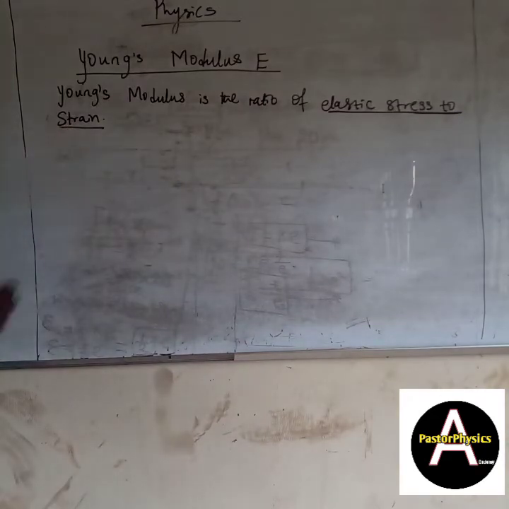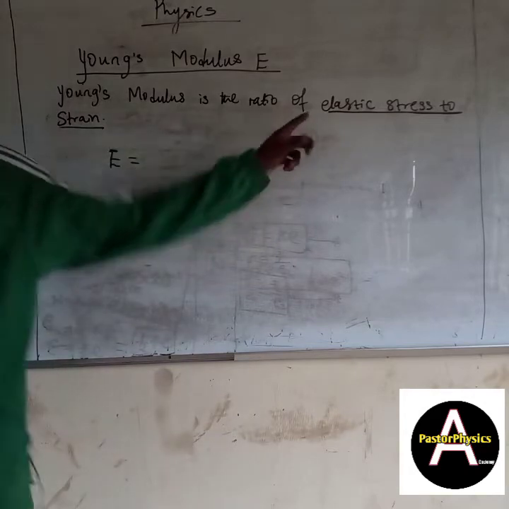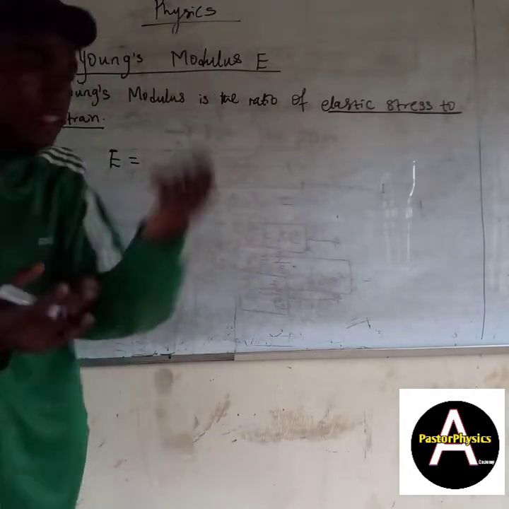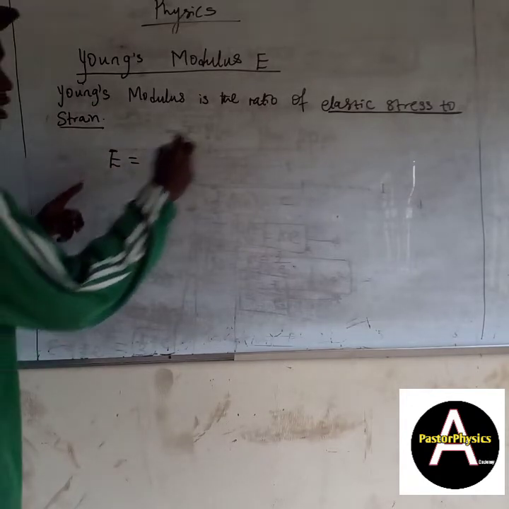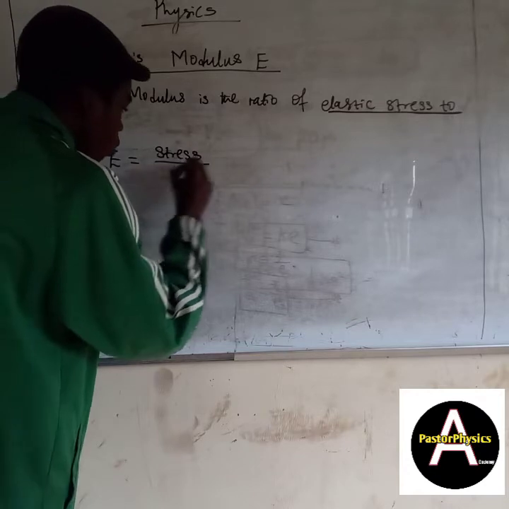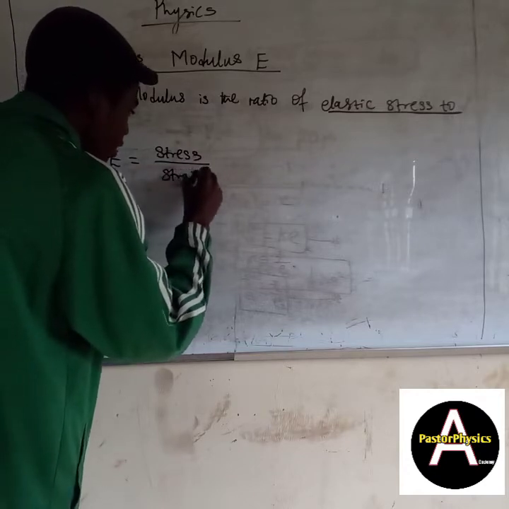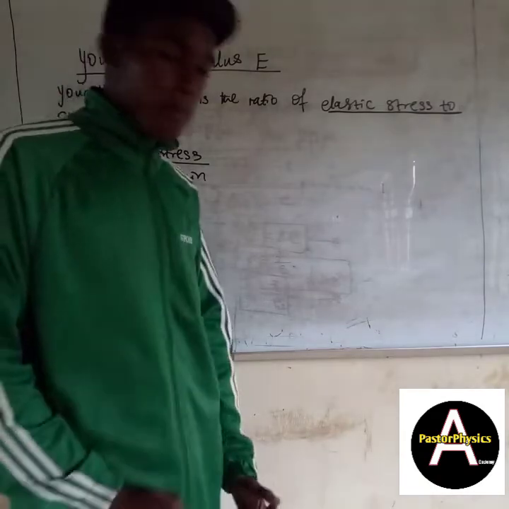Now, what does it mean? It means that E is equal to, now ratio in mathematics is the same thing as division, right? So E, which is Young modulus, is equal to elastic stress all over strain. Now note that Young modulus is a property of a material.